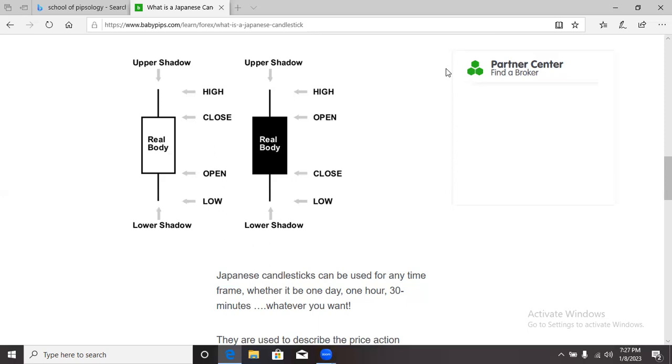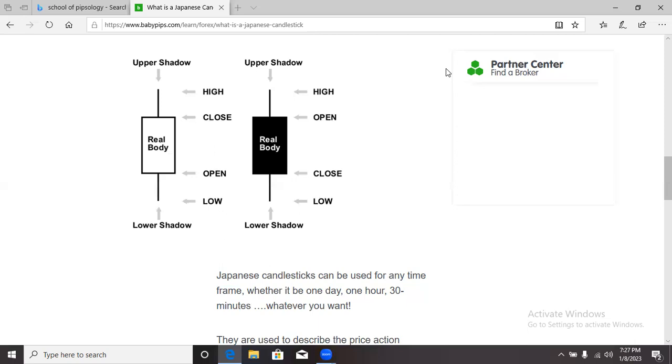I'll be looking at Japanese candlesticks in today's video, just to broaden and enlighten us on what they really are. One thing about candlesticks is this: every candlestick has a story.